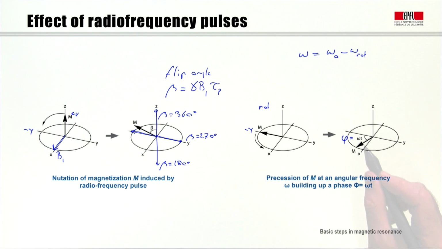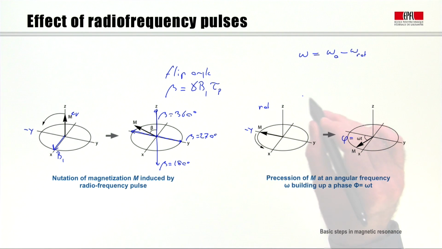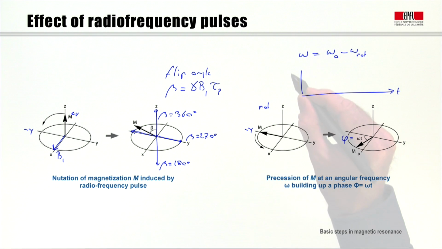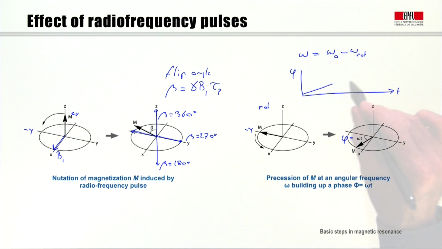This turns out to be linearly proportional to time, so it is convenient that if we draw time like this and the phase like this, then we simply have a line with a constant slope, and this slope is given by omega.